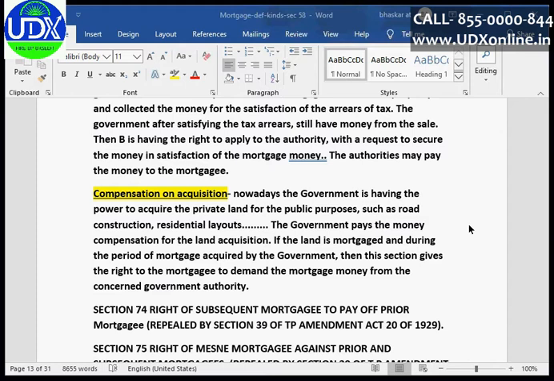So the mortgagee was sent out of the property. The property is no more a security to the mortgage, and the mortgagee has lost the property.